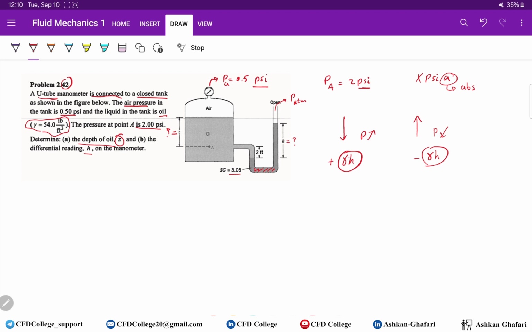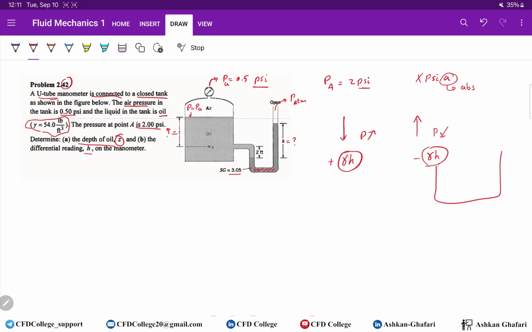Another point is when we have a closed tank, the pressure at the surface of the liquid is equal to the air pressure. This hydrostatic pressure, we only consider it in liquids.